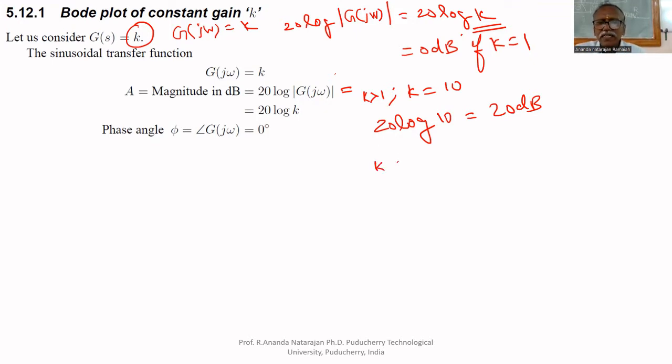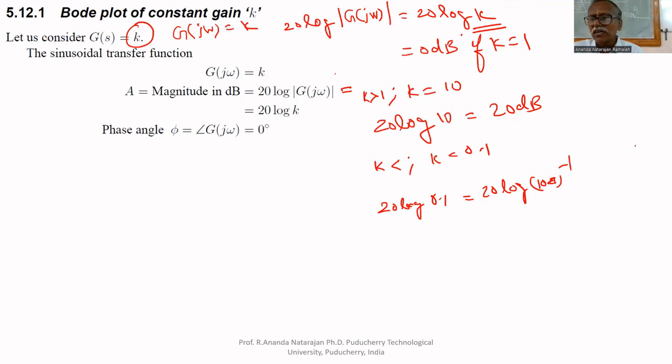Suppose k is less than 1, k equal to 0.1. What will you get? 20 log 0.1, that is equal to 20 log 10 to the power minus 1. 10 to the power minus 1 is nothing but 0.1, that is 1 by 10.